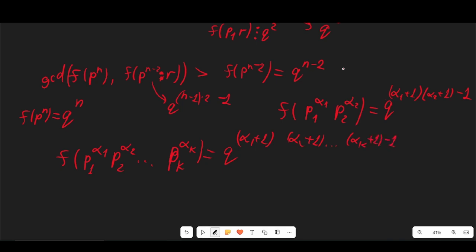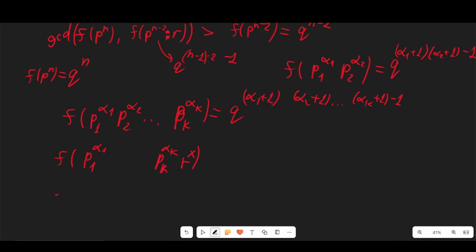And now we show what would happen if we add some small number r. Now we show that this is correct for every r: p1 to the alpha 1, up to pk to the alpha k, and r to any power x.